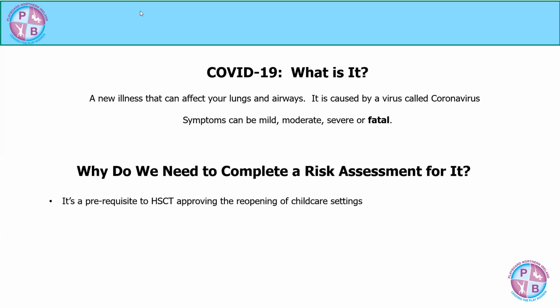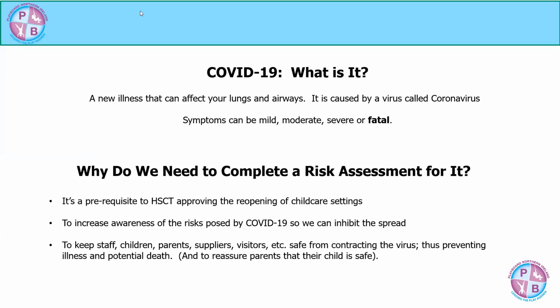It's a prerequisite to the Health and Social Care Trust approving the reopening of childcare settings. It increases awareness of the risks posed by COVID-19 so we can inhibit the spread, and keep staff, children, parents, suppliers, anybody who's using your building, safe from contracting the virus, becoming ill and potentially dying.